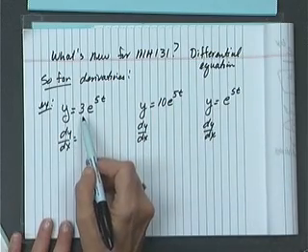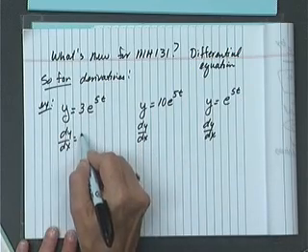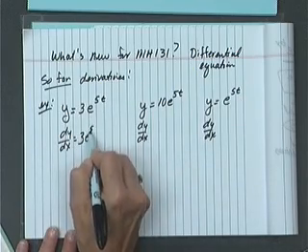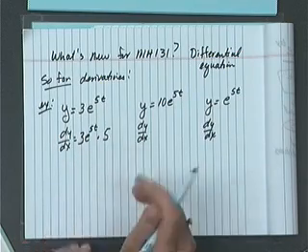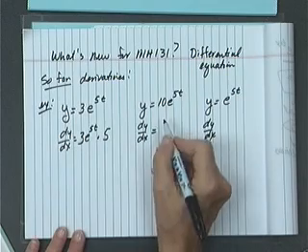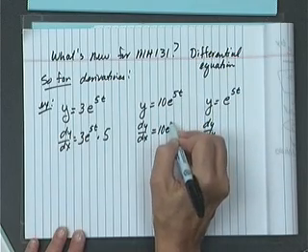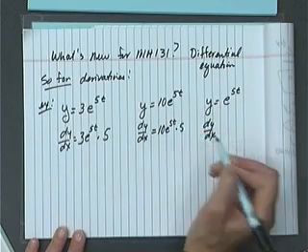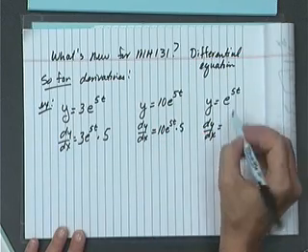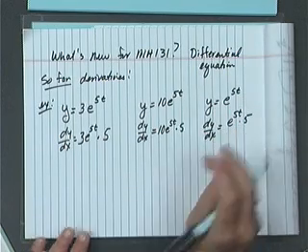All right, what is the derivative of 3e to the 5t? 3e to the 5t times 5. Okay. What's the derivative of 10e to the 5t? 10e to the 5t times 5. And the derivative of e to the 5t is e to the 5t times 5.